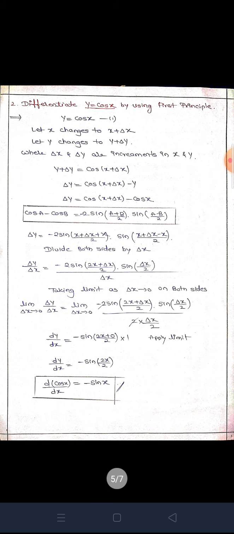Fine. Similarly, you have to solve it for y is equal to cos x. Now differentiate y is equal to cos x by using first principle. So y is equal to cos x, consider as equation number 1.